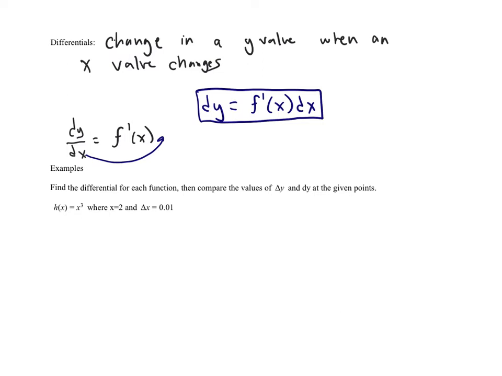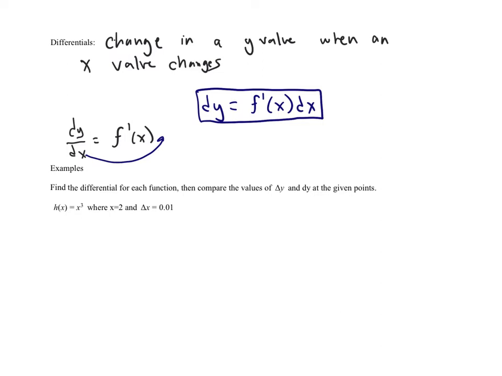That's going to tell us our change in y can be estimated with this differential. So we can see how good of an estimate this actually is. We'll look at a couple examples where we find the differential, and then we'll see how good it is at estimating the change between one value and another.